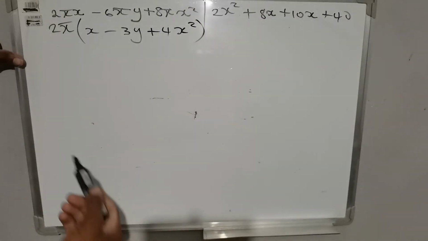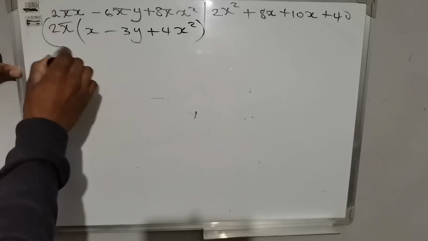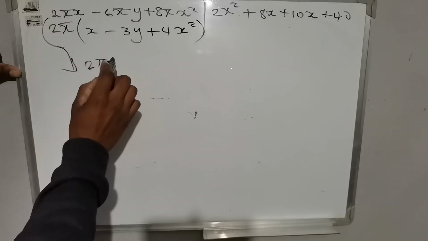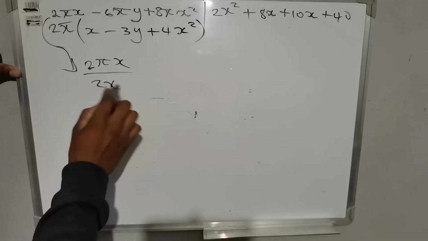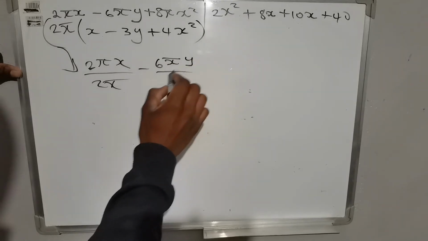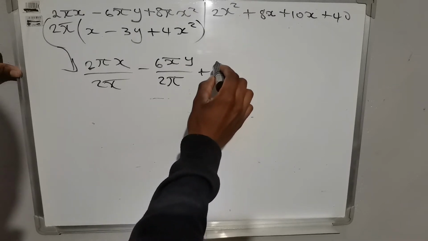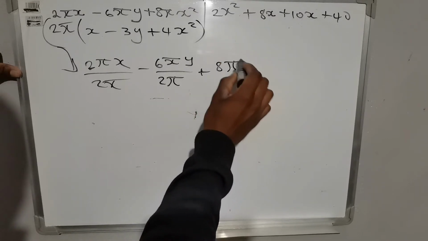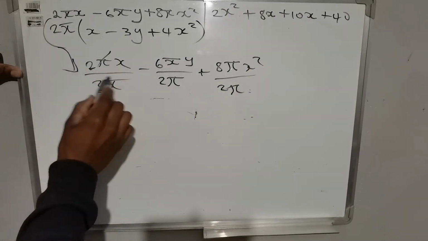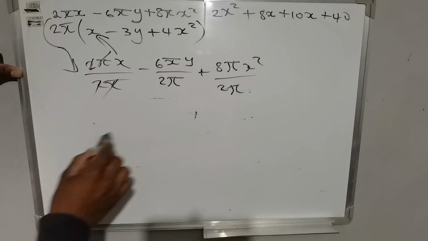How I arrived here, just in case someone is confused, I said 2 pi is the common factor, so I just did this. 2 pi was dividing here, minus 6 pi y divided by 2 pi, plus 8 pi x squared divided by 2 pi. So pi would cancel pi, and 2 would cancel 2, leaving us with x.